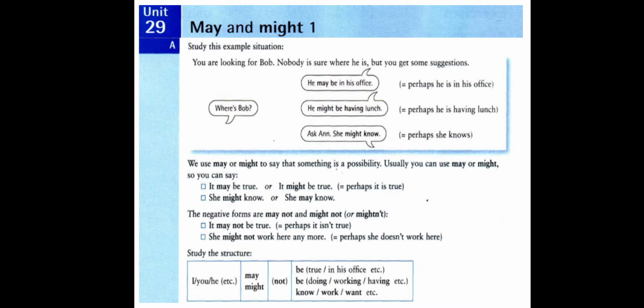May is followed by the base form and might is followed by the base form to express present possibility or probability and the future possibility or probability. But if we speak about past possibility, then we use may plus have plus past participle or might plus have plus past participle. This is the form.